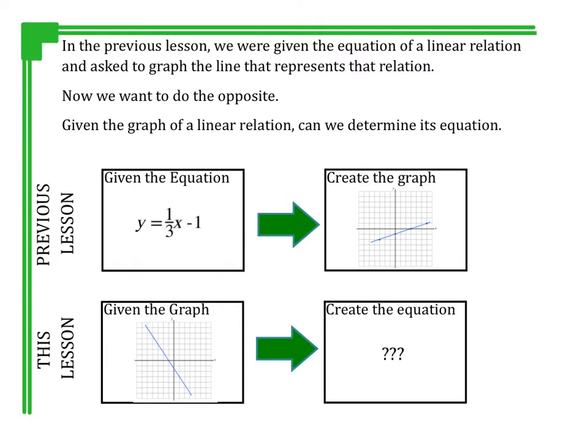What we want to do today is I'm going to give you a graph of a line, a graph of a linear relationship, and you're going to be asked, what is the equation for that relation?